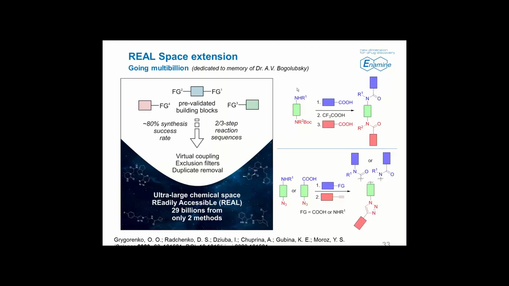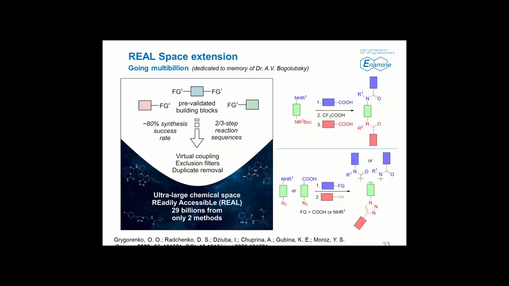In particular, the functionalization of monoprotected diamines with carboxylic acids worked very well to obtain a very huge chemical space, which gave most of the fraction of these compounds that were included into this ultra large library. And also amide coupling followed by a click reaction was very efficient too.